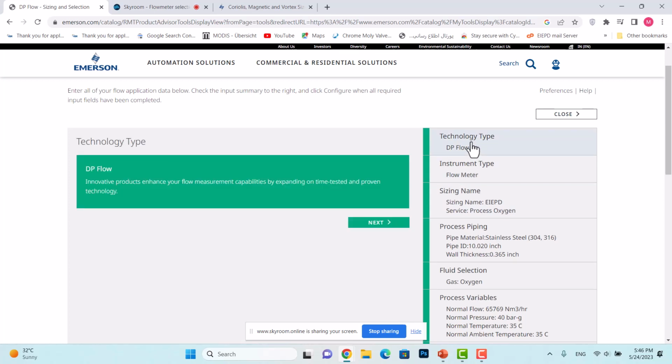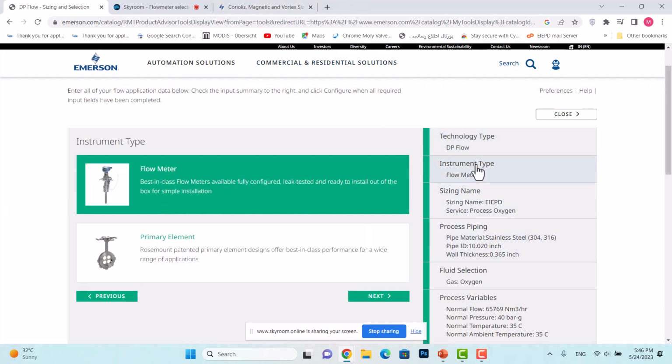So I select DP flowmeters and go to the flowmeters, because I want to finalize the whole assembly, not just the primary elements. Instrumentation connections, mechanical connections, everything. I'm going to finalize everything here. So I select flowmeter, not just the mechanical part, all parts.